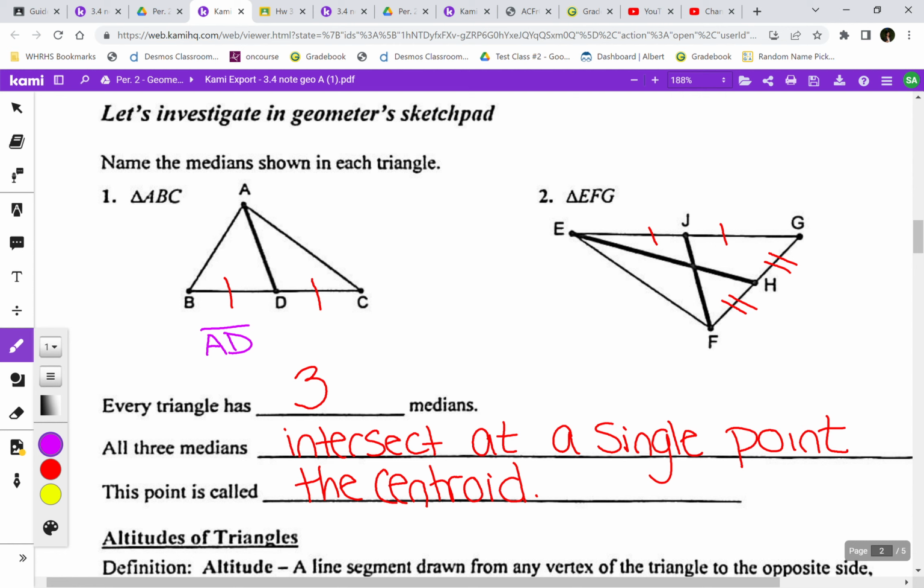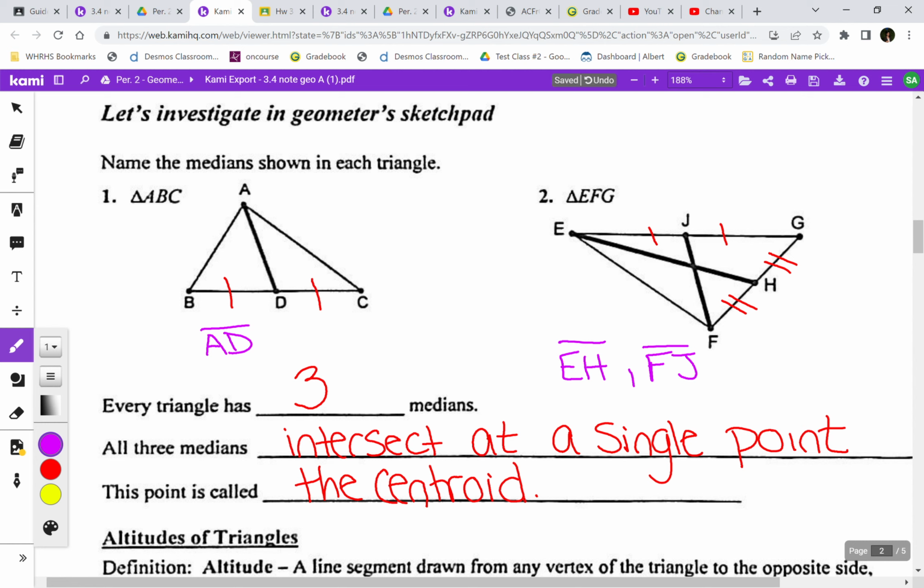Can somebody name me one median? Sam. EH, good. EH is one median. Can somebody name me the other median? Oscar. FJ, you got it.